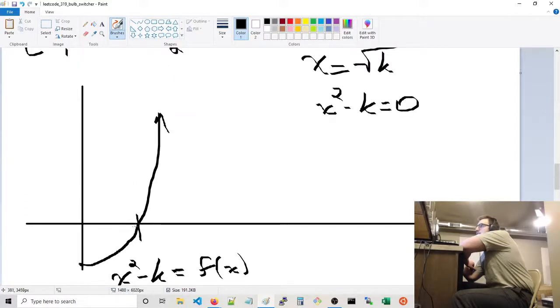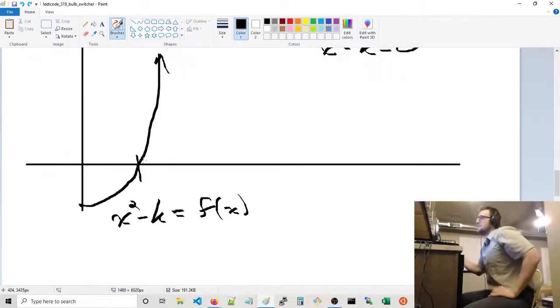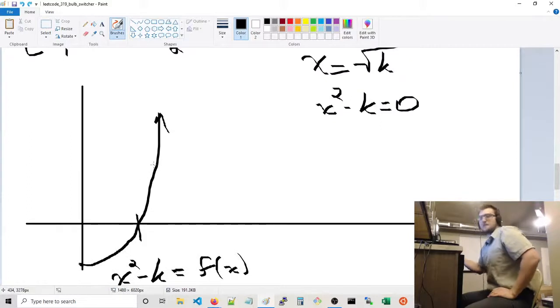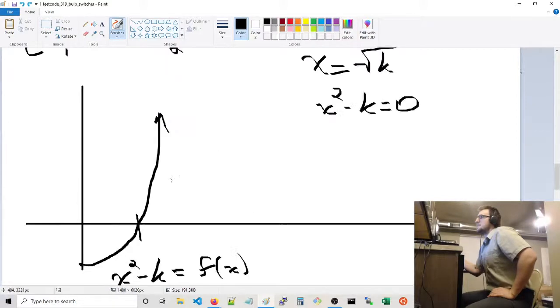And we can start at k, that should be fine. We can start wherever we want, but we want to find the root of this function on the right side. You can also start with 0 if you wanted to.